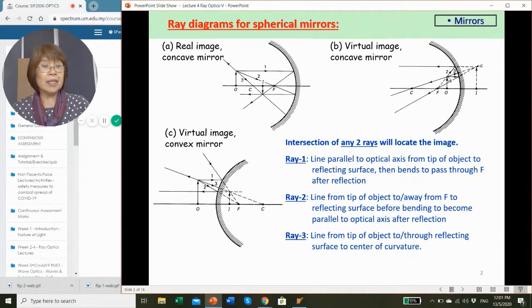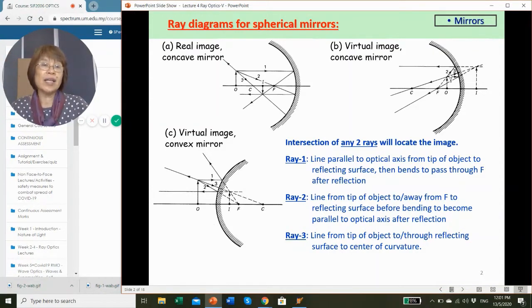From the tip here, you align it to the center of curvature, you draw this line and it gets reflected back. But they don't meet over here. So what we have to do is extend backward, and that's where they meet, and then we locate the image.